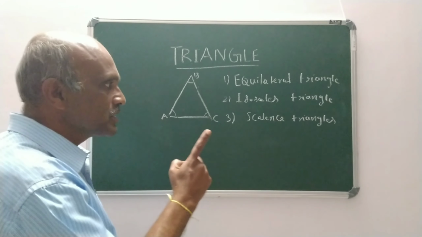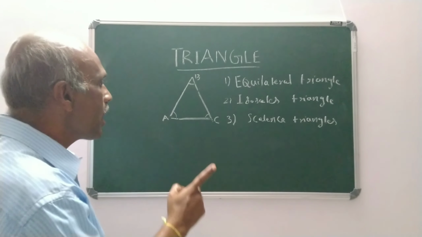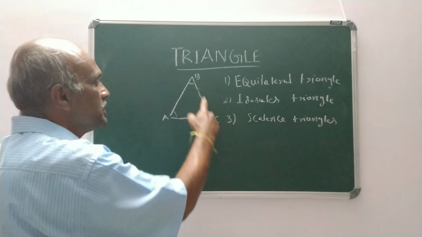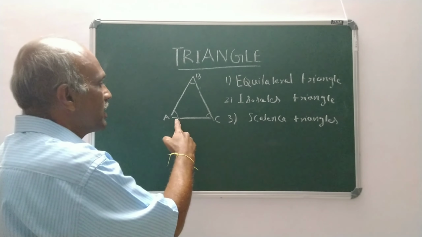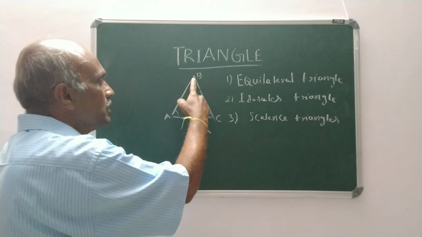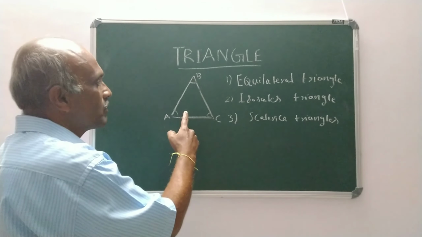A scalene triangle is one in which all three sides are unequal. For example, ABC is a triangle in which the lengths of AB, BC and CA are unequal.